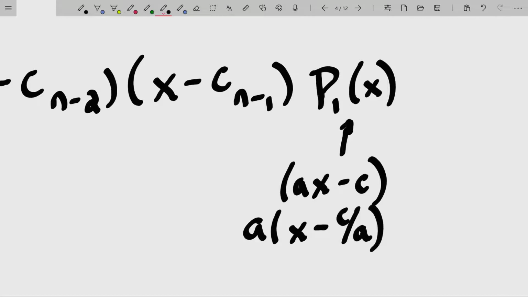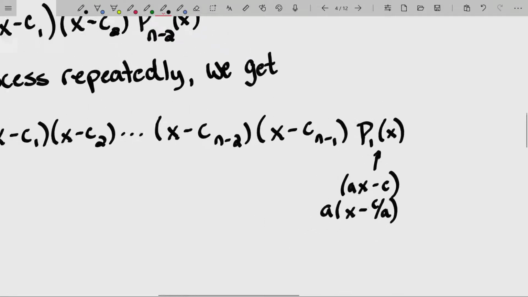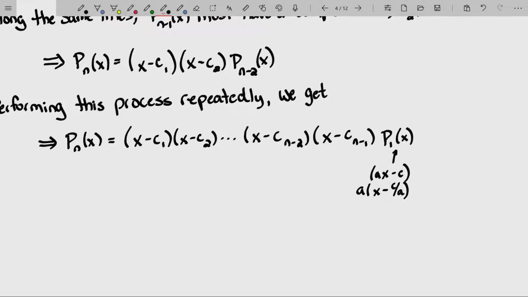And if I do that, I get this, and that c over a, I'm going to call that c sub n. So it's a little bit of a hand waving. It's not really, but it's a little bit of a hand waving in the end, because I'm not really going into detail about that. But the idea is the final polynomial likely looks like this, the final linear factor, and we're just going to factor out a off that.